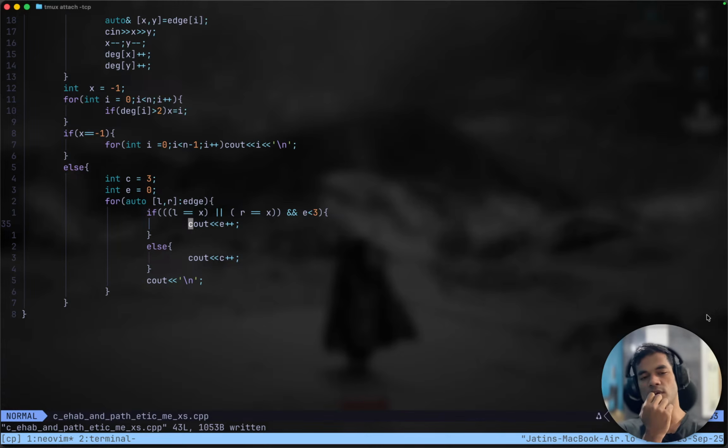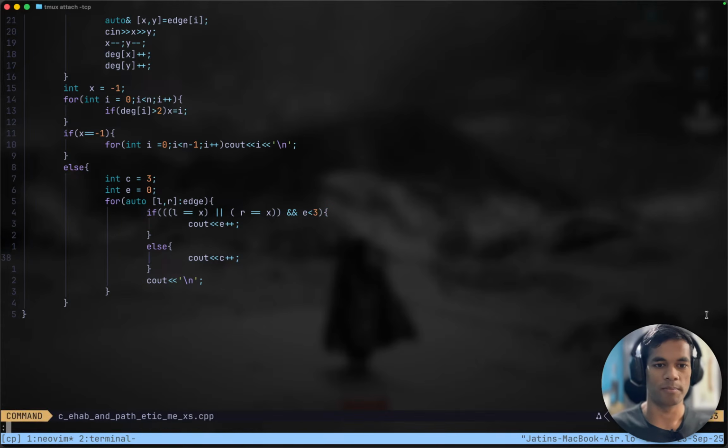I think it was because of these brackets. And this was correct the first time, but I messed up. And the error was because of these brackets. I think the error was because of these brackets.